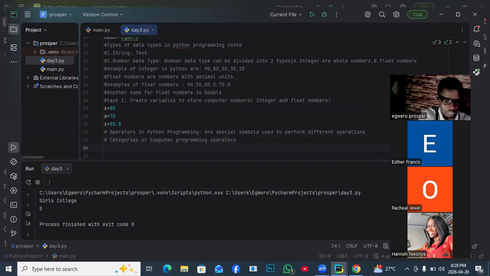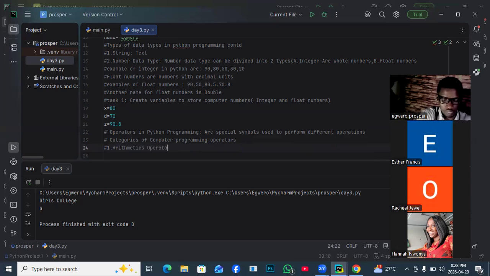The first category we refer to as arithmetic operators. I believe they must have taught us some of these things in school.